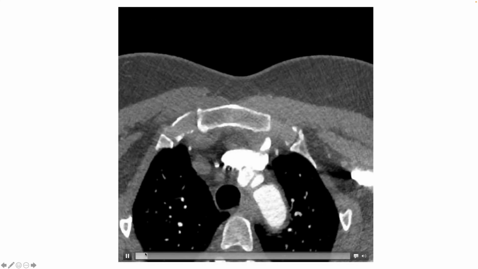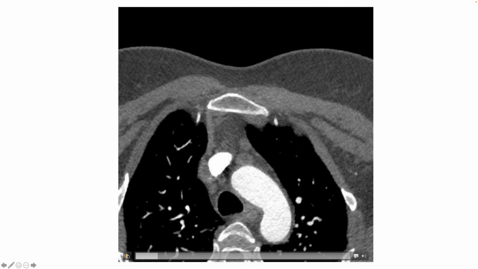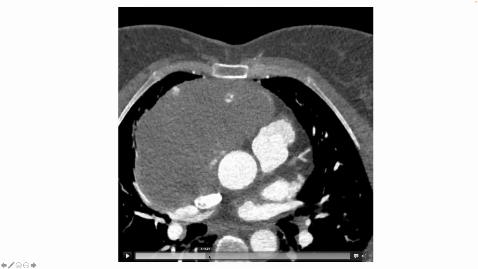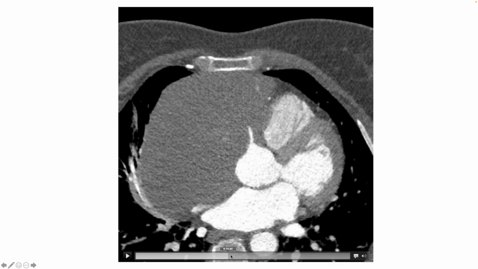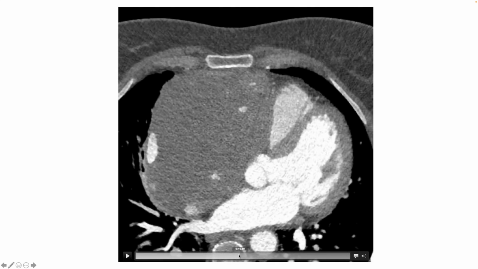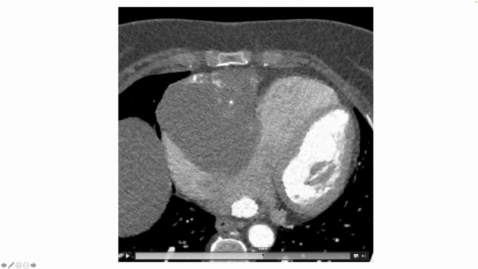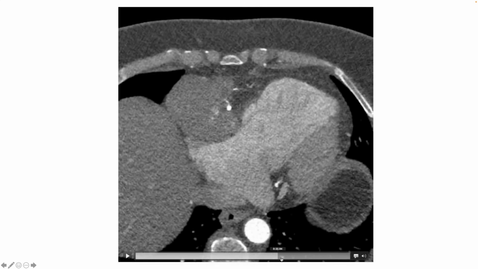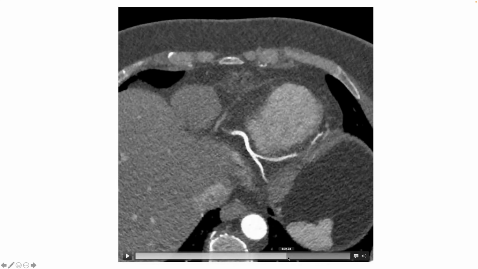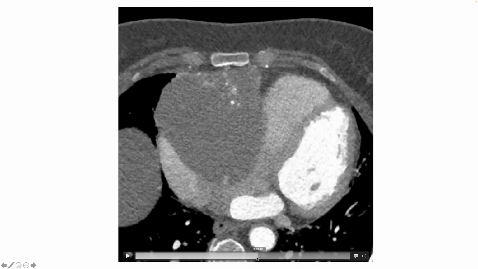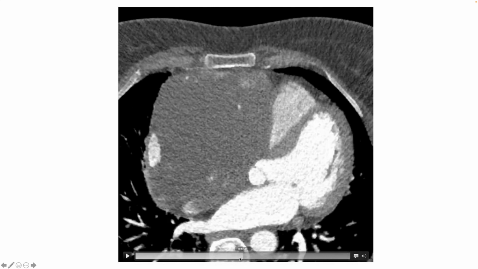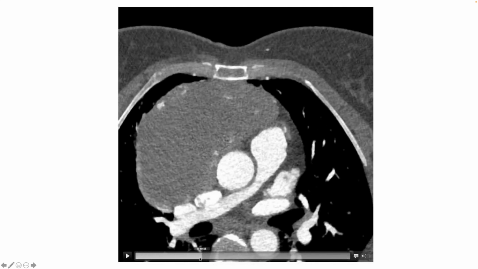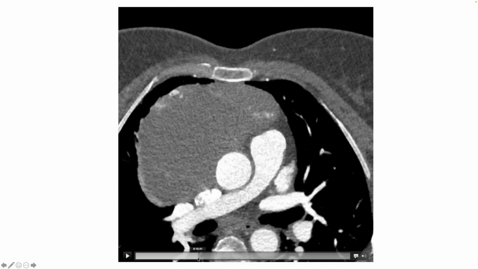The patient had a right ventricular mass on echo, and she had initially a CT of the chest. I'm showing a cardiac CT here that was done later on, just because it's an old case and the CT was not that pretty. And you can see much better with this cardiac CT.